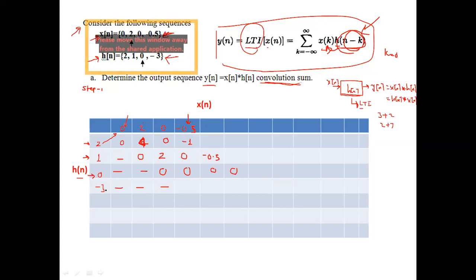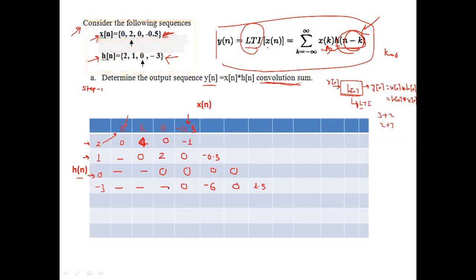I think I'm right. So minus 3 times 0, it will be 0. Minus 3 times 2, minus 6. Minus 3 times 0 again, 0. Minus 3 times minus 0.5, it will be positive 1.5.